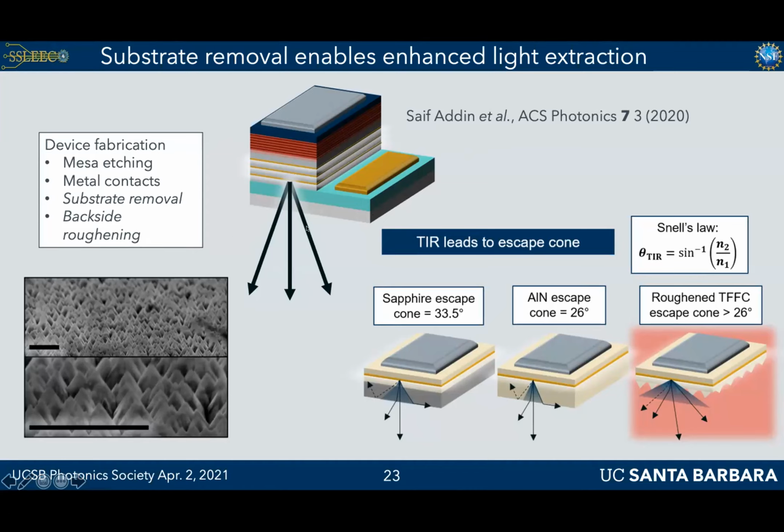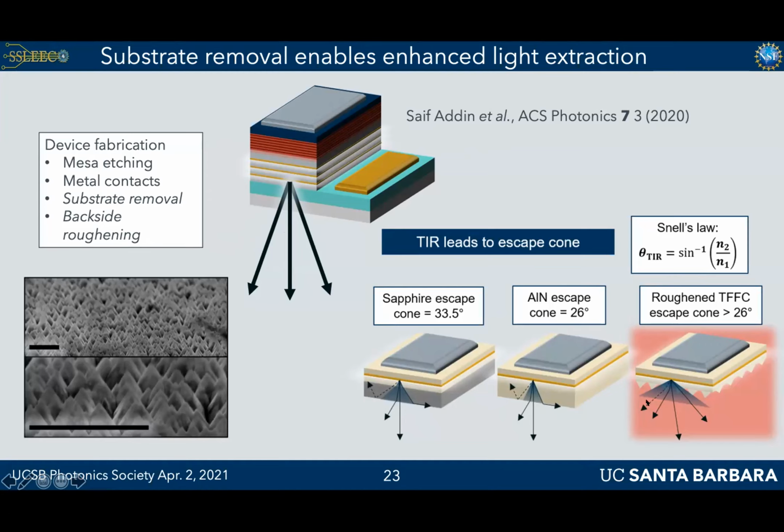This ends up actually being an advantage because there's no convenient way to remove a sapphire substrate, but you can remove the silicon carbide substrate pretty easily using a selective dry etch. That exposes the aluminum nitride epi layer, which you can then roughen using some chemicals, and that enhances the light extraction efficiency.